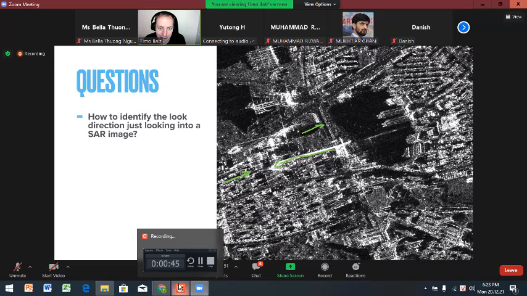Okay, so if you can clearly identify a shadow or layover, then you can identify the looking direction of your sensor. So you need to find some building or something with topography so that you can see layover and shadow. Foreshortening could also work, right? If you identify the direction of the foreshortening, then you can derive the looking direction.